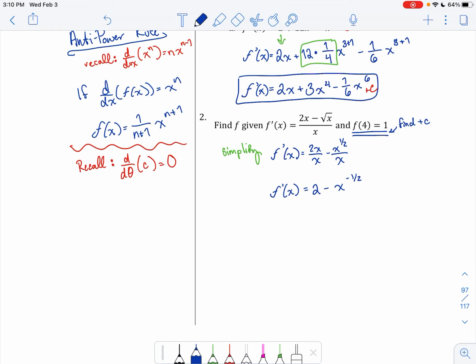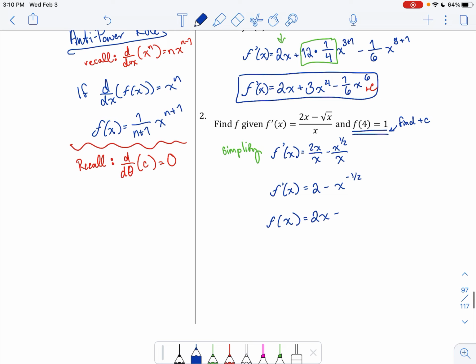Now, since these are both polynomial terms, I'm just going to use the anti-power rule. And I'm going to say then f of x by itself is equal to 2x for the 2 minus 1 over negative 1/2 plus 1, which is positive, and you can do the same thing to the power. So plus 1.